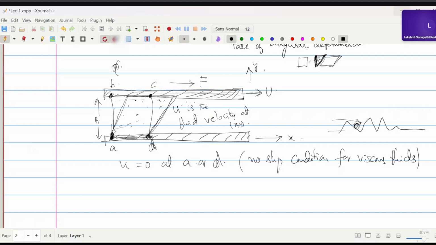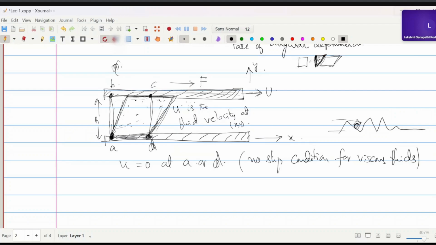At the bottom there's no slip condition, so it won't change. Only at the top it will go a little further, and as it comes down slowly, it reduces its movement. So this is your new shape after some time, in unit time, let us say.